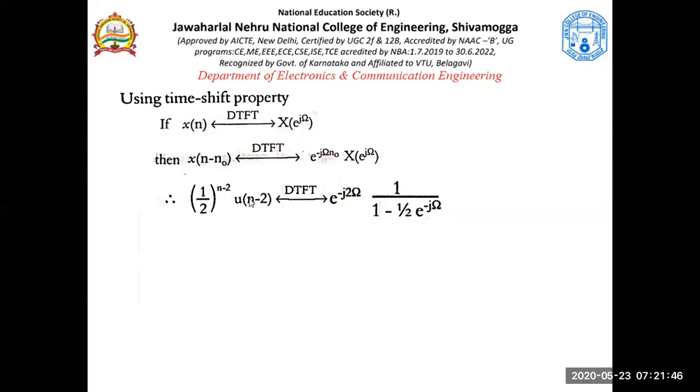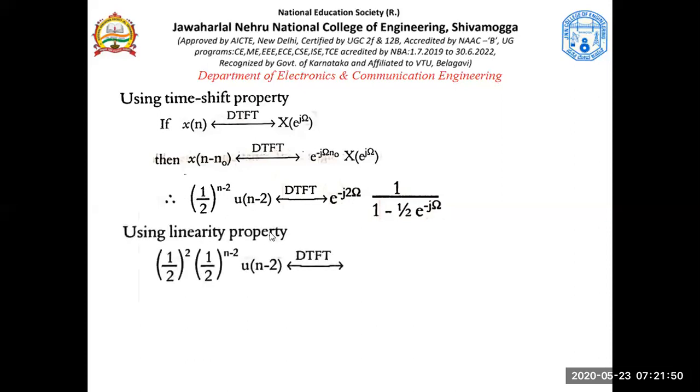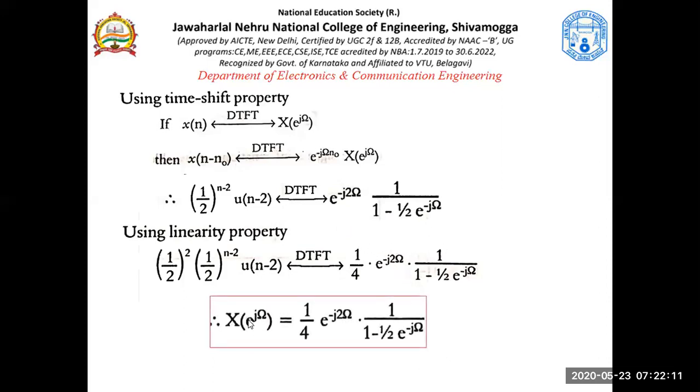Now this is not the only signal, there is a scalar along with it. So using the linearity property, if there is a scalar, just bring the scalar there. It's 1 by 4 times. This scalar is just carried forward along with the DTFT term. That's why the DTFT of the given signal looks like the right hand side here.